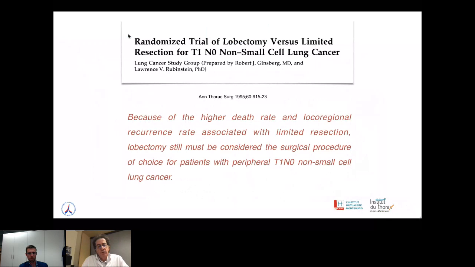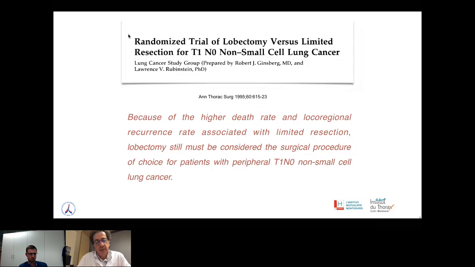Most of us know this publication, maybe not the younger attendees, that concluded that lobectomy should remain the gold standard for treating T1 tumors. The issue with this publication is that it was a multicentric study mixing wedge resection and anatomical segmentectomies. So there were many biases in this study.